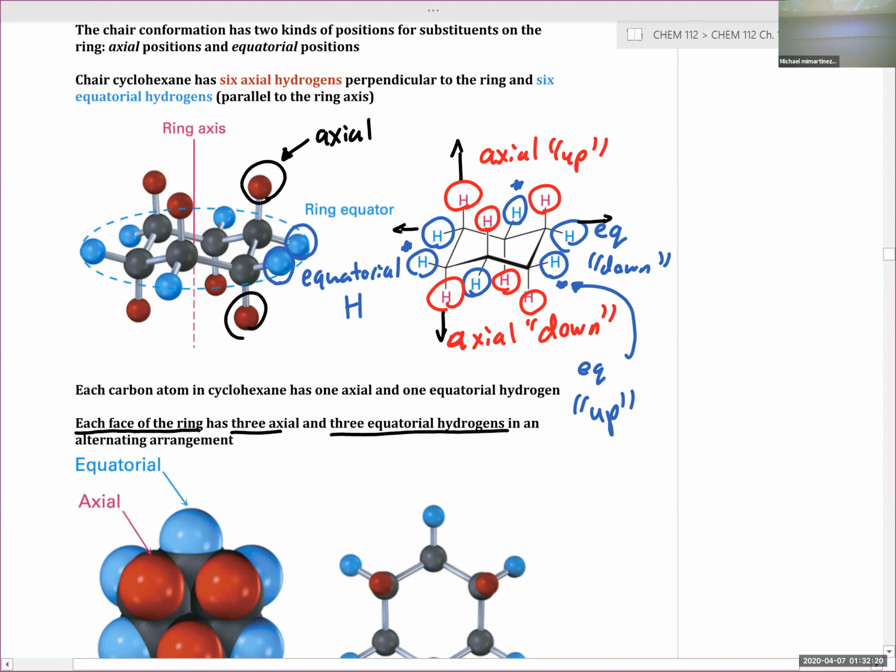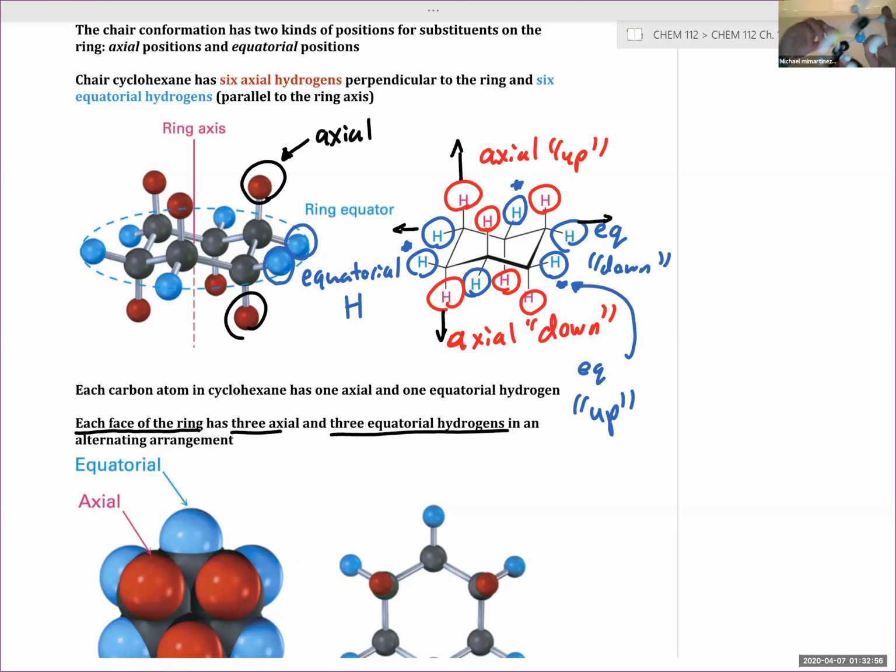They're on the same plane or close to the same plane as our carbons in our ring. They're almost sitting on the equator. And if you view it from a side-on view, the axial hydrogens, such as here and here, are pointing along the vertical plane. Yes, they'll always be 50% up and 50% down.